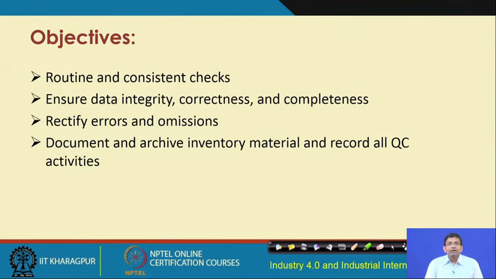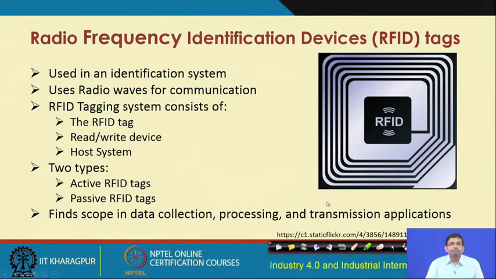Rectifying any kind of error, any omission, incompleteness, etc. These are also part of the objectives of quality control, and documenting and archiving inventory material and recording all the quality control activities. It is not just performing the quality control, but also the proper documentation and archiving of all these different activities, data and so on. That is also an important objective of quality control.